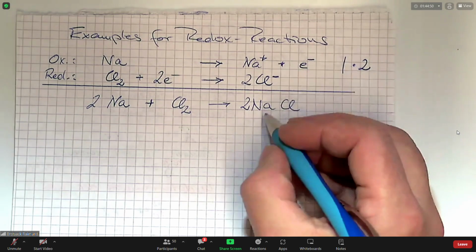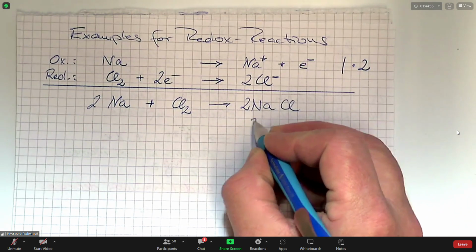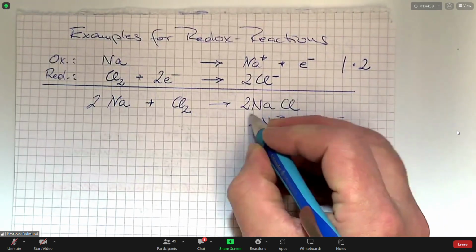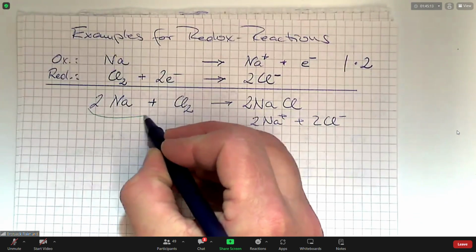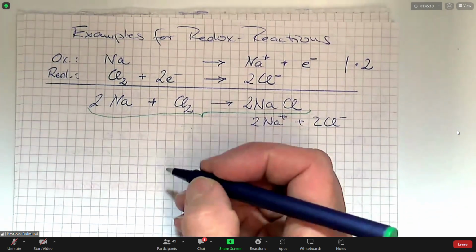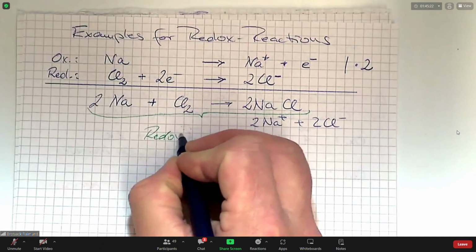Of course, it will be in solution. Maybe when we have it in water, it will be 2Na plus and 2Cl minus, depending on the surrounding: do we have the salt or do we have the dissolved ions? And this is what we call the overall redox reaction. Redox is oxidation and reduction. That's the redox reaction.